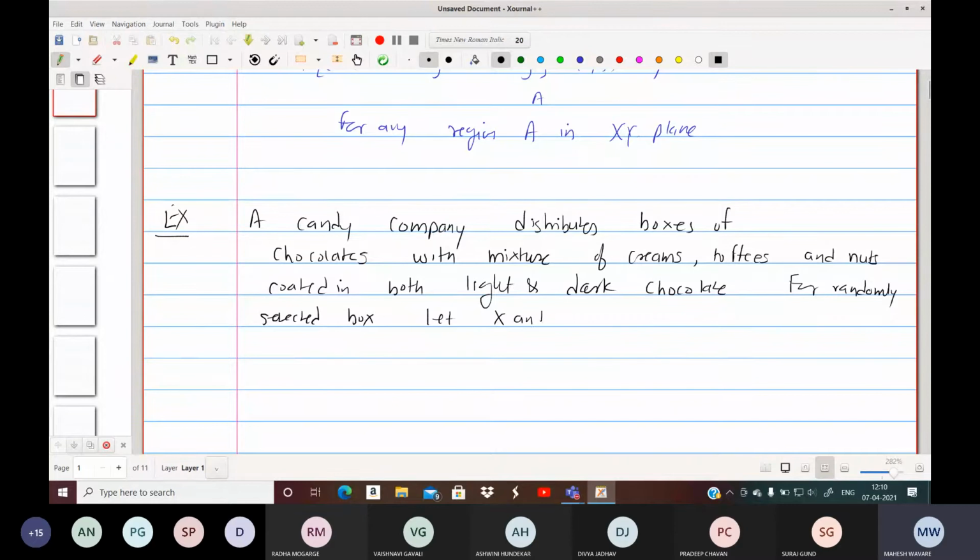Let x and y, you read the example till then. Let x and y respectively be the proportions of light and dark chocolates that are creams.